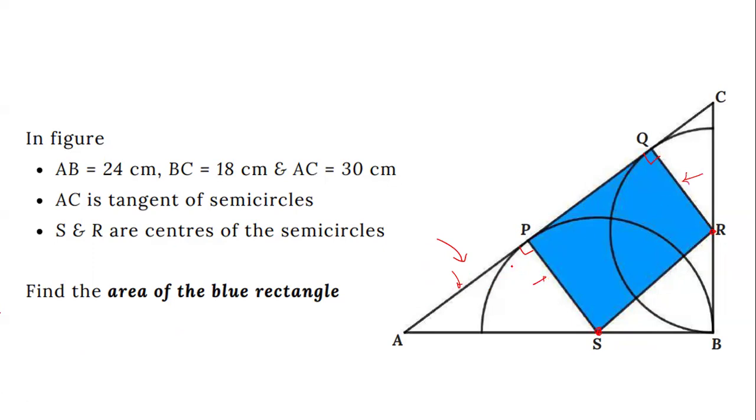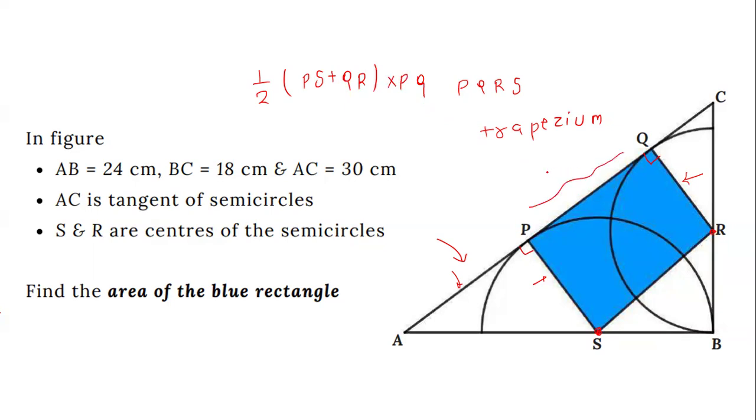So PS must be parallel to QR, and then this PQRS will become a trapezium. So the area of the trapezium is half times PS length plus QR length multiplied by the base PQ. So this is the area.